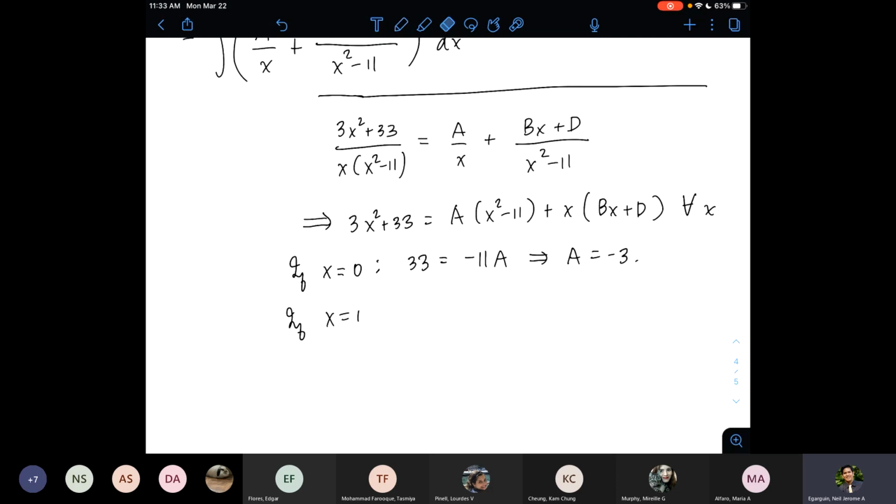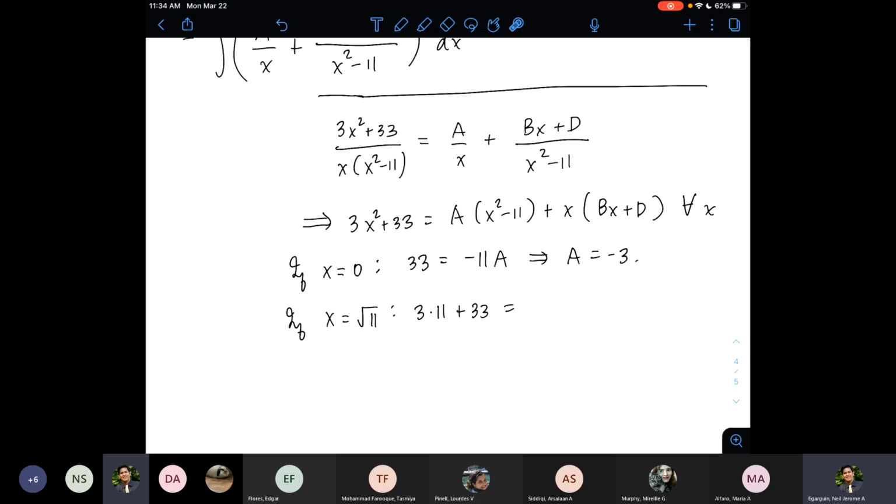Well, maybe let's try that. Okay, if x is equal to root 11, we'll get 3 times 11 plus 33 equals, the first term will vanish, right? Because I'll have here root of 11 squared. That's going to be 11 minus 11, so that's 0.